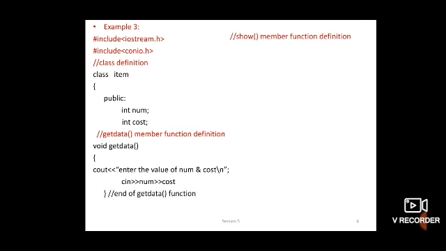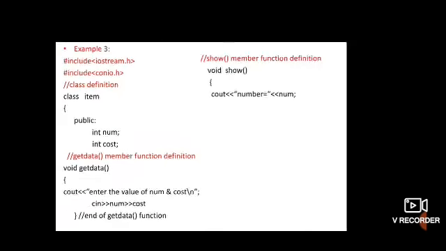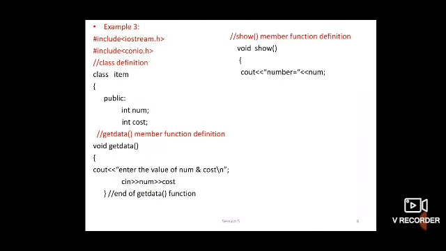Now one more member function is declared, show. In the show member function, we just display the num and cost values. How to display output on screen? See, number is equal to whatever value is entered in num. Suppose 50, then number is equal to 50.